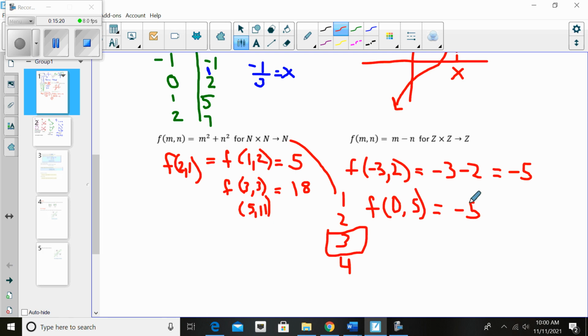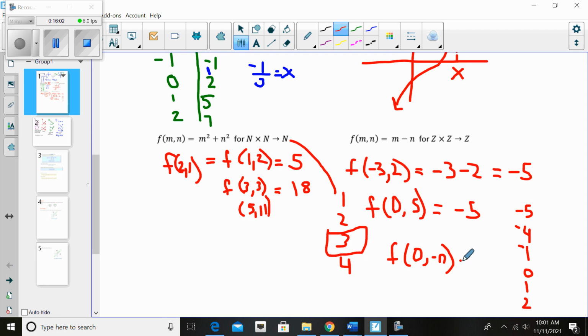There would be many more ordered pairs that I could plug in that would give me -5 as an output. But when I look at my integers, is it possible to get any integer as output? If I listed all my integers, could I find something that would give me these as outputs? The easiest thing that I could do for any integer is plug in 0 and then the opposite of that integer.